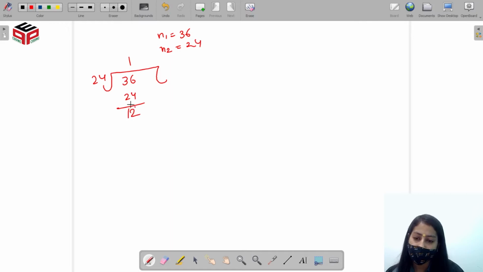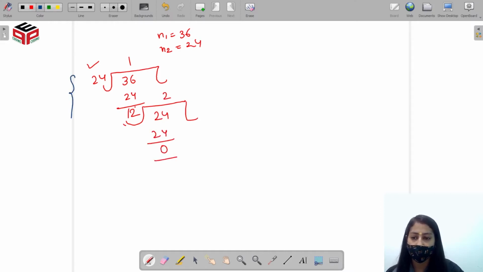Now this remainder becomes our divisor, and the divisor becomes our dividend, right? Again we divide and we get the remainder as 0. We have to perform this division until we get the remainder as 0. When we get the remainder as 0, the divisor which gives us the remainder 0 is our GCD.